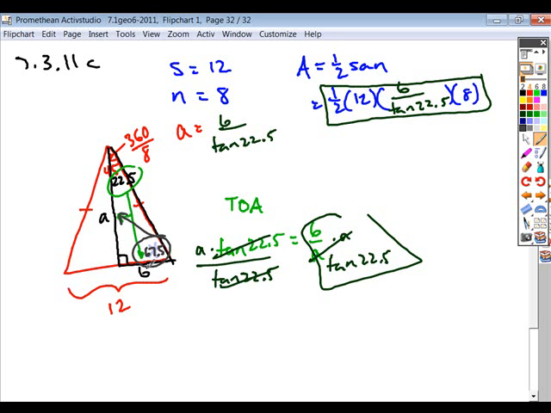You could say that A over the sine of 67.5 is equal to 6 over the sine of 22.5. So you can still solve it this way. It winds up giving you the same values.